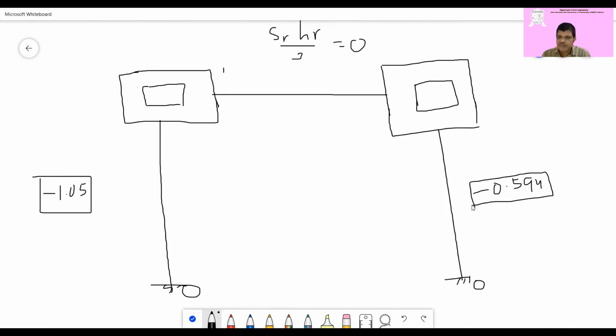So for example, the height factor comes into picture. CH is equal to SR by H. Now what is the moment here? It was minus 120 here, and this moment was plus 120.